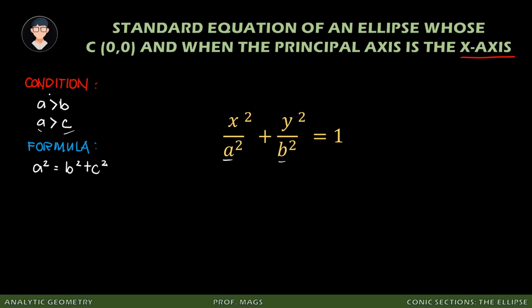And if that's the case, if the condition is a is greater than b, a is greater than c, and you already find the value of b, you can say that the principal axis is the x-axis. You can use this formula.